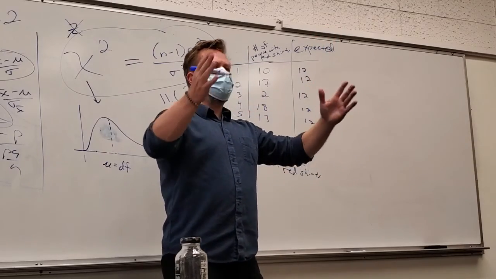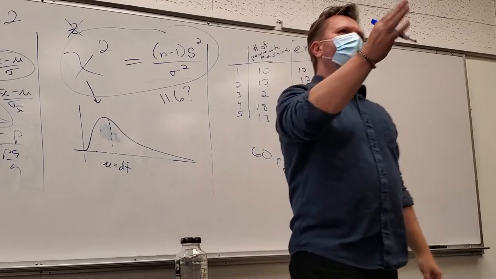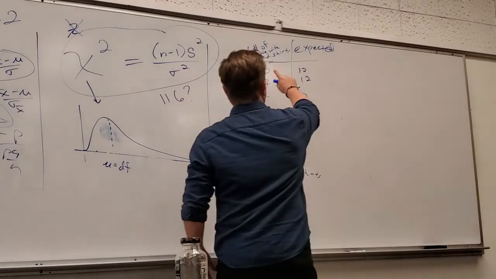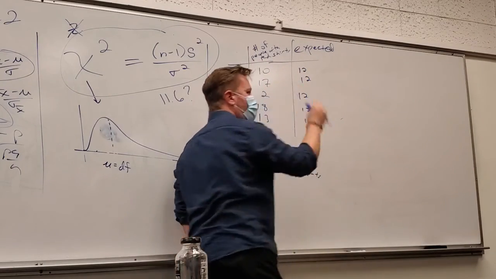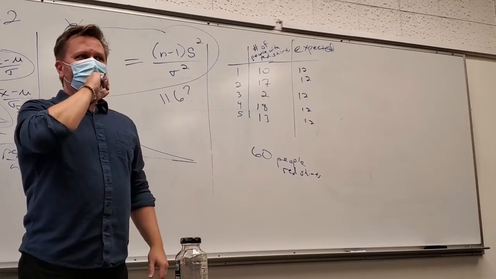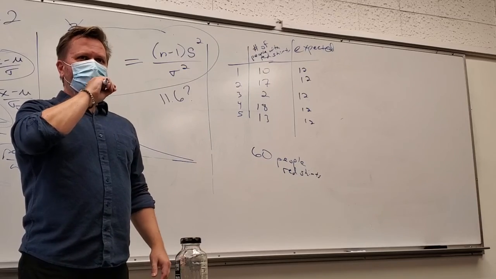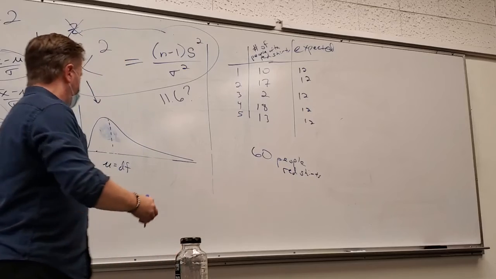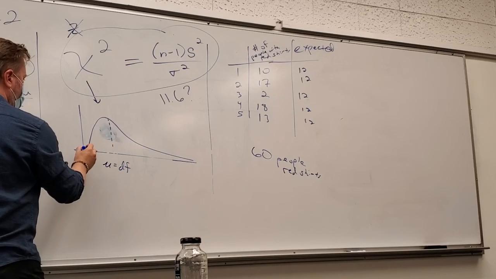No, it's a sample. So what is it that I have to find out to show evidence that the whole population is not uniform, right? I'd have to show that these differences are big enough. What is that going to look like? Oh, all right. So if there were no differences, we would be here.